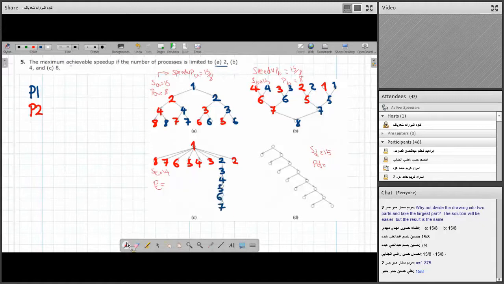It means that we execute these two processes together, and these two together, and so on. Finally, PC equals 8.